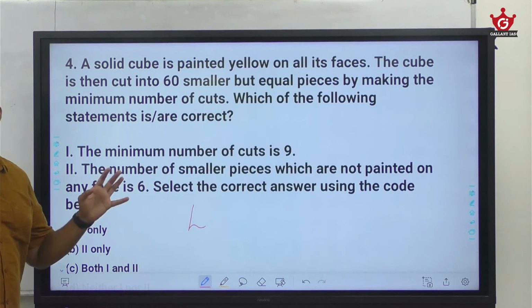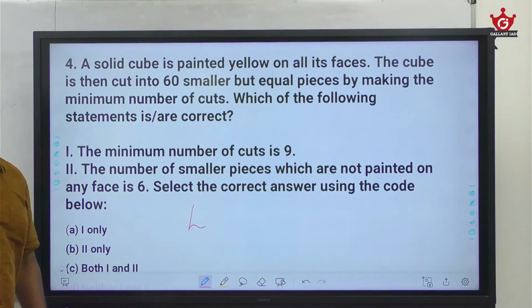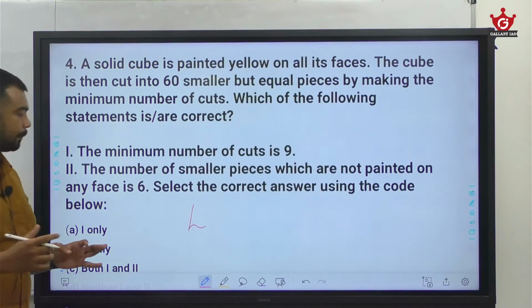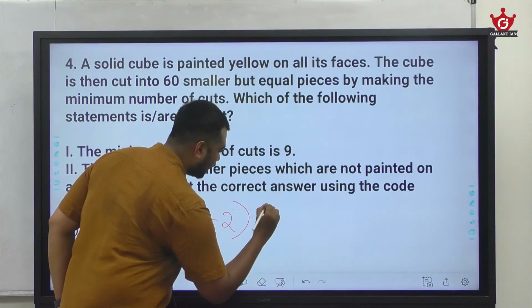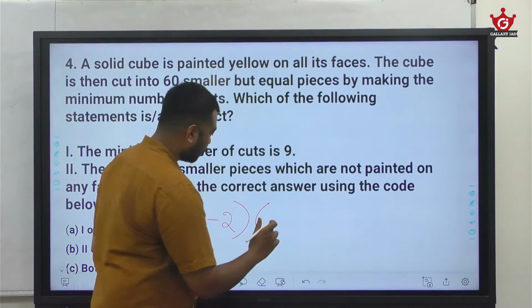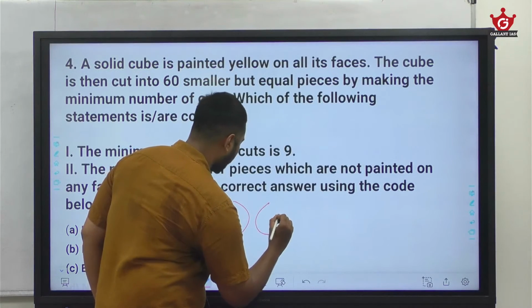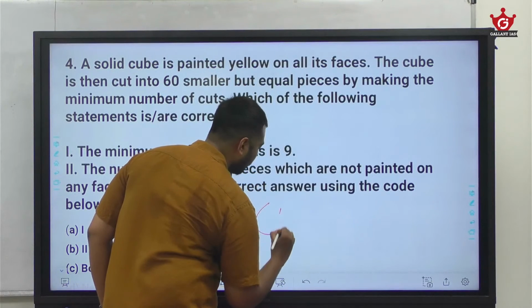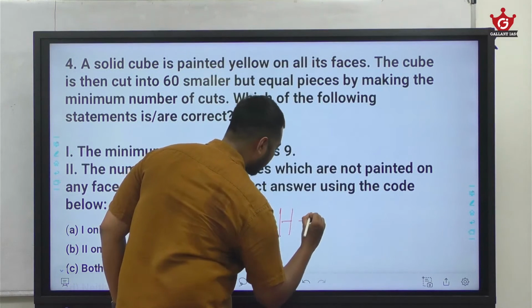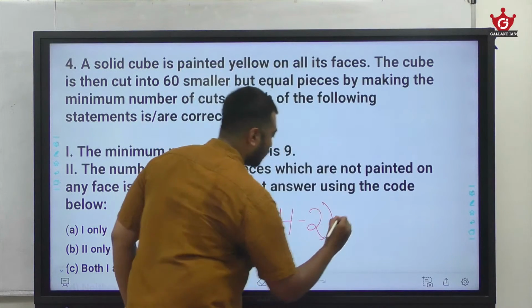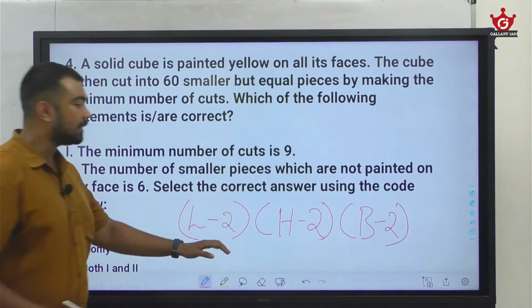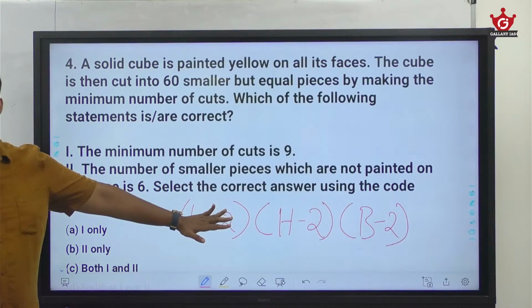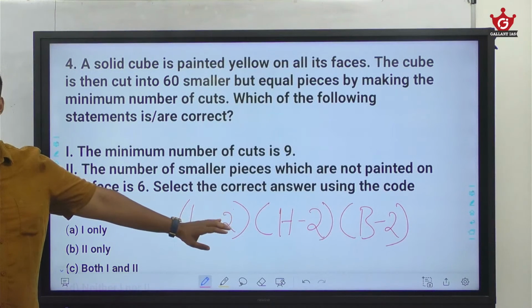Geometrically there is some explanation, but the equation when you cut this into smaller pieces changes. So that will be L minus 2 into H minus 2 into B minus 2. This is the equation to find the number of cubes with 0 faces painted.